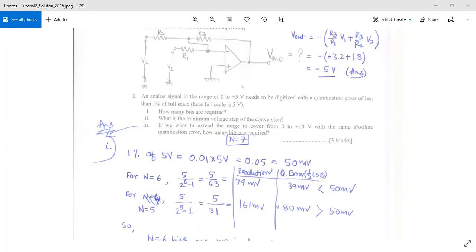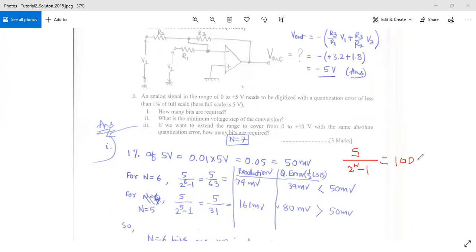So what we just need to do is solve this equation: Vref, which is 5, upon 2 to the power of n minus 1, where n is what we are looking for, and the error is 50 millivolt, so our resolution should be 100 millivolt.